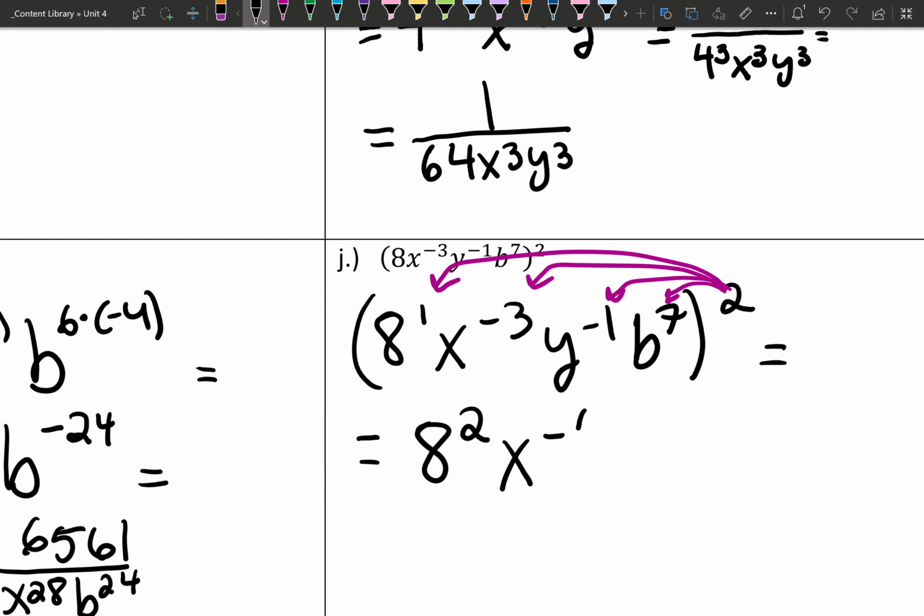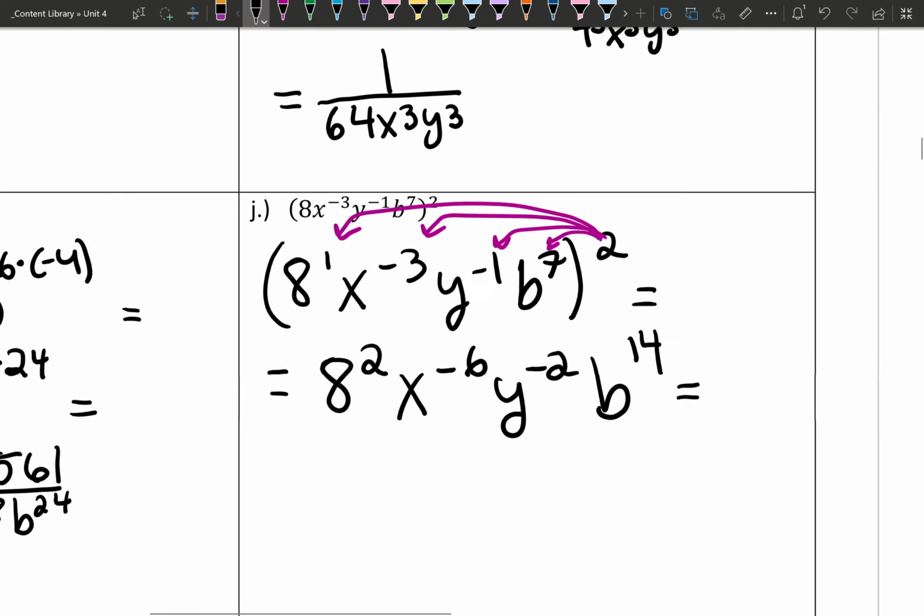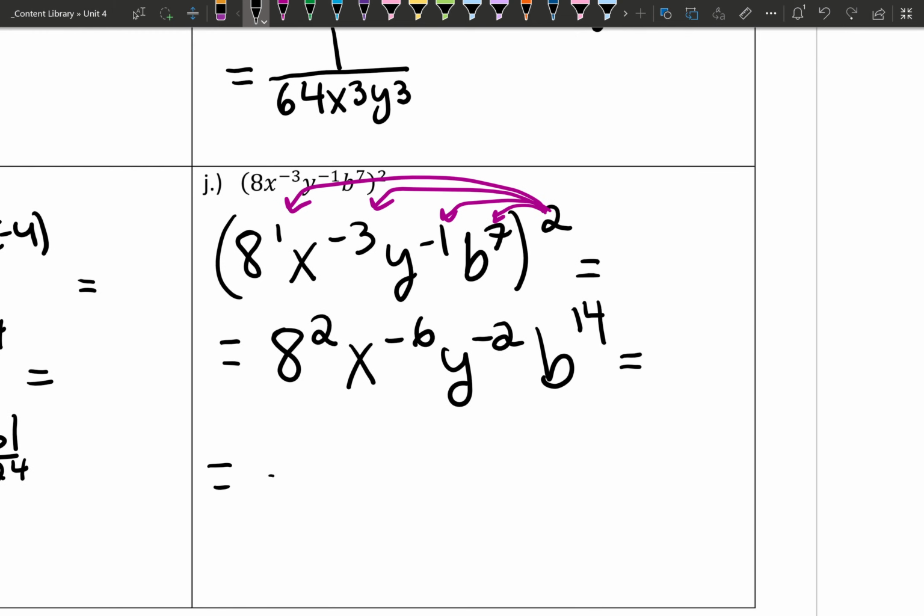Negative 3 times 2 is negative 6. Negative 1 times 2 is negative 2. 7 times 2 is 14. I almost wrote 17 for some reason. Let's make sure we have positive exponents. That means x to the power of 6 and y to the power of 2 go to the bottom. 8 to the power of 2 and b to the power of 14 can stay.